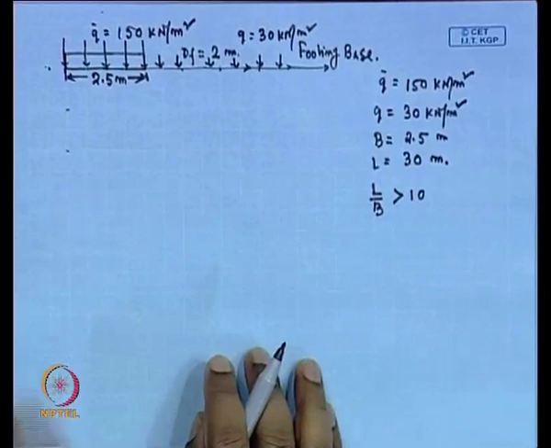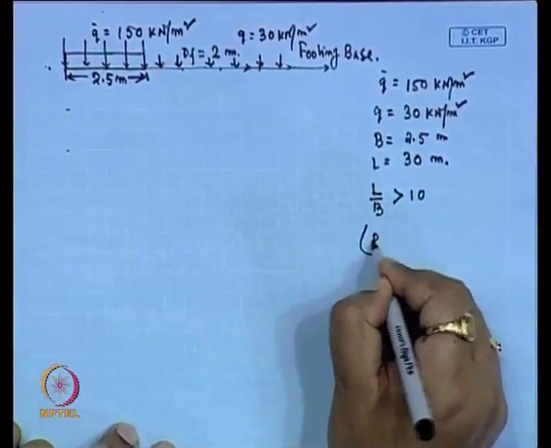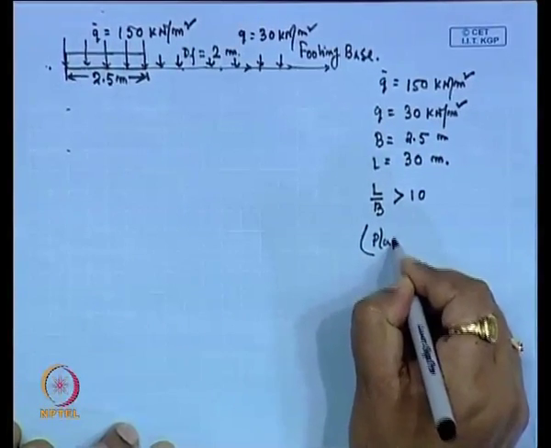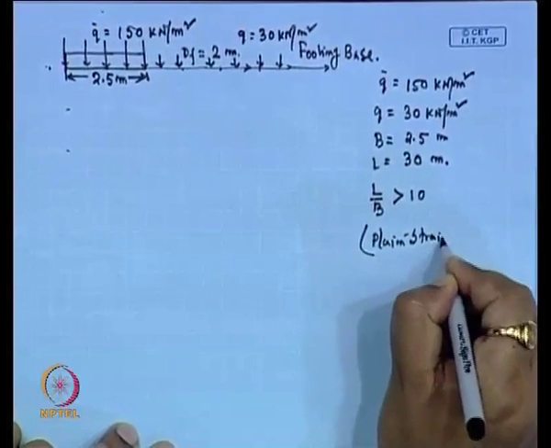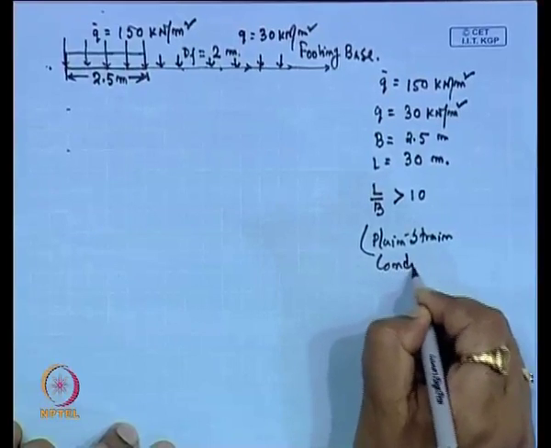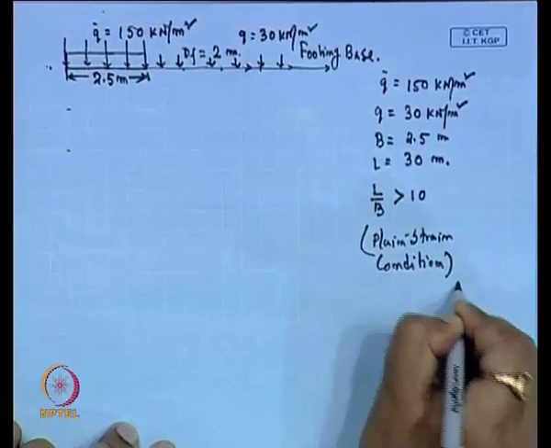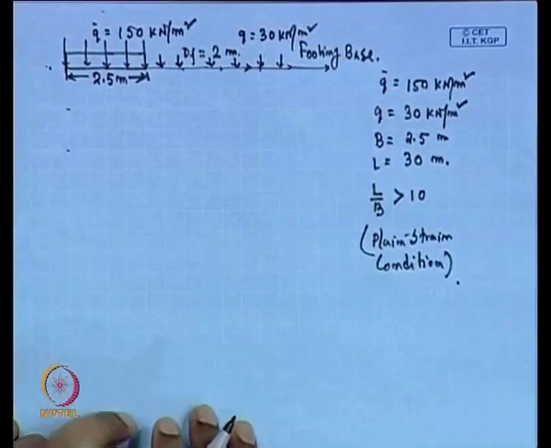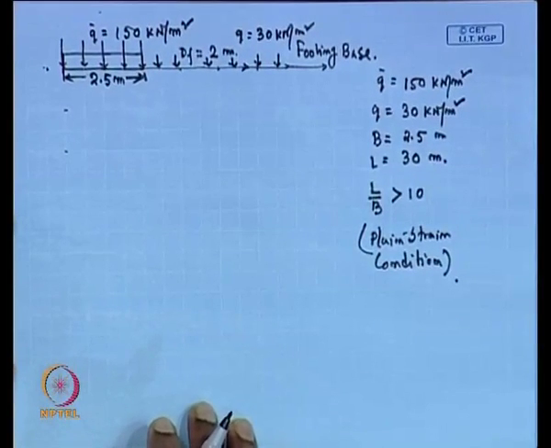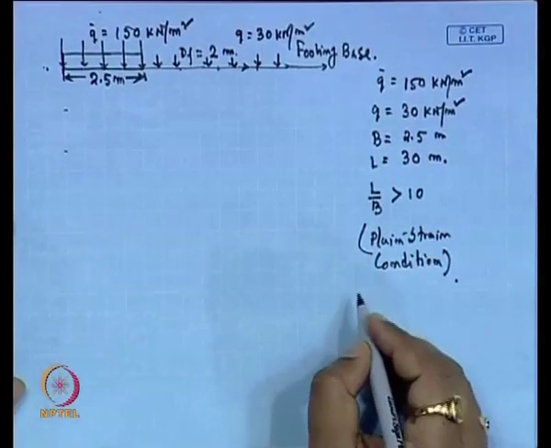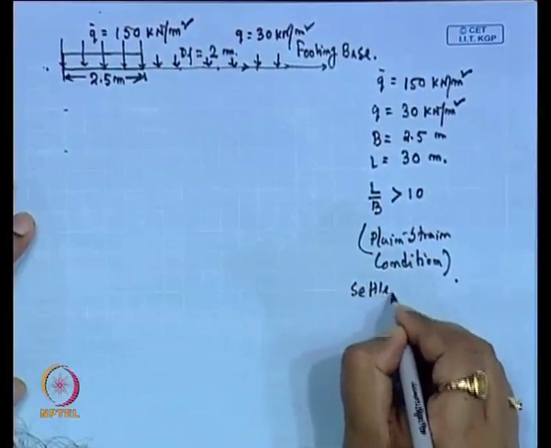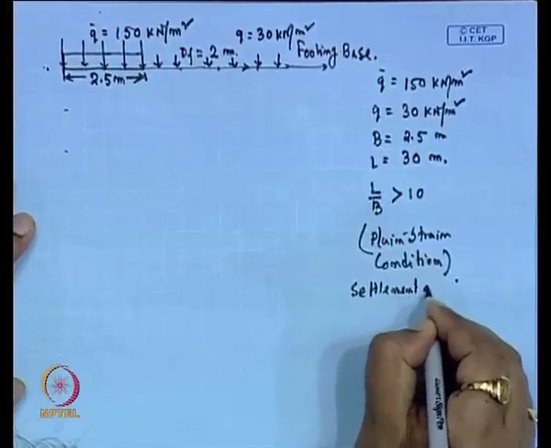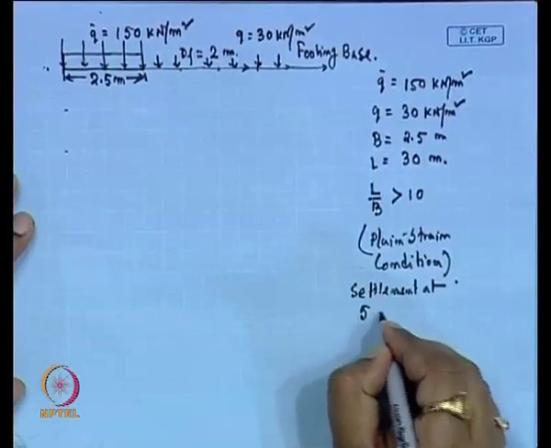So, we have to go for the plane strain condition. Now, first we have to calculate the settlement at 5 years.